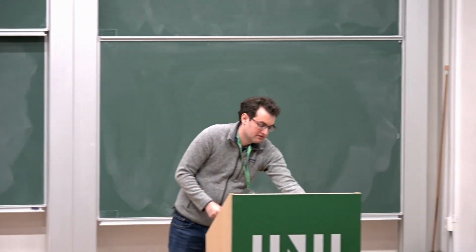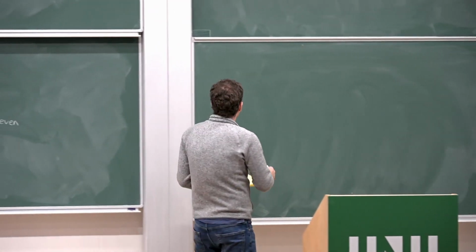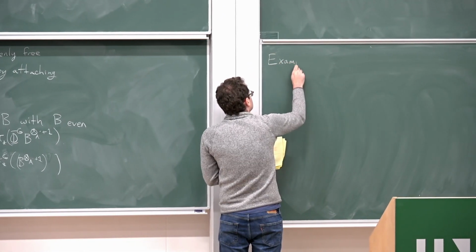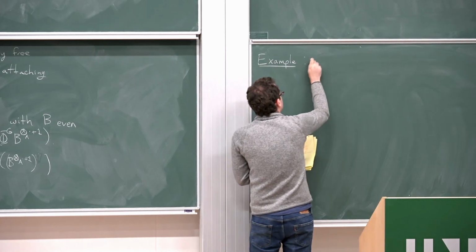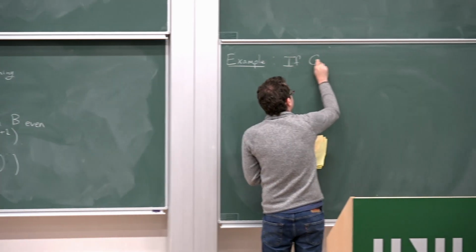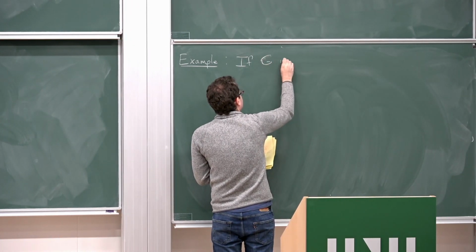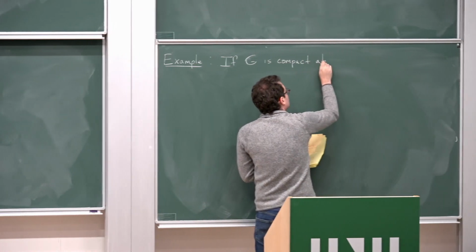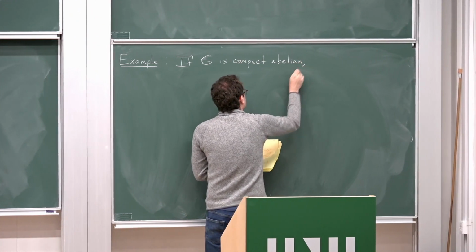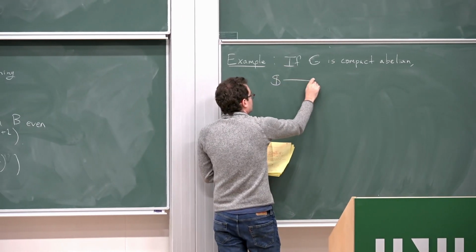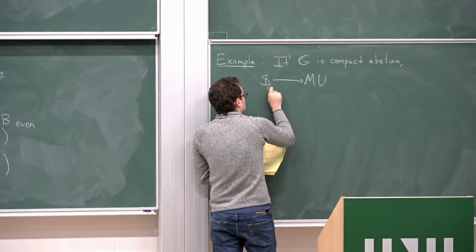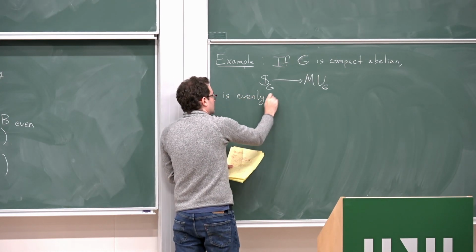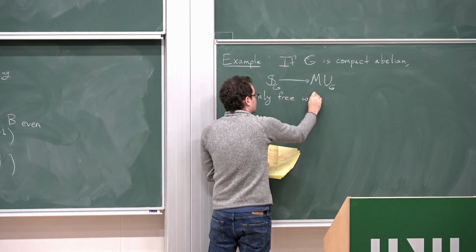Just a big example. If G is compact abelian, the map from the sphere to MU_G is evenly free with even target.